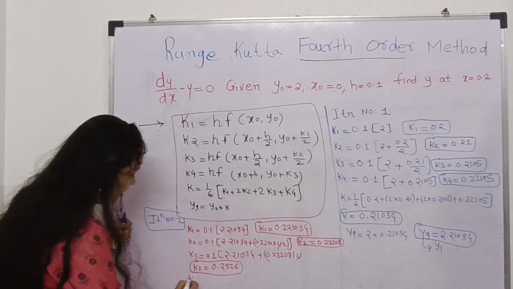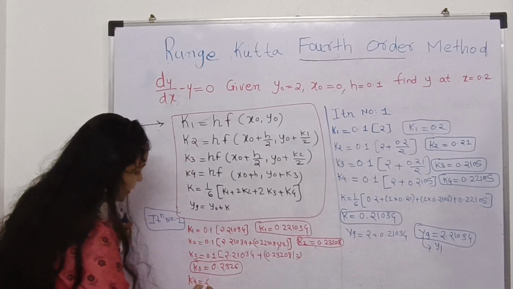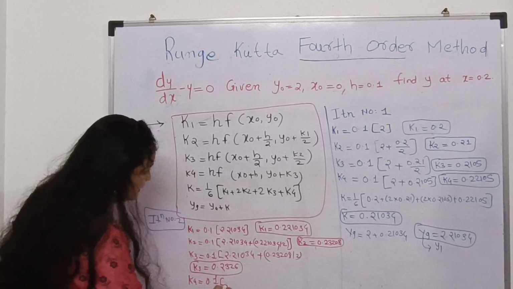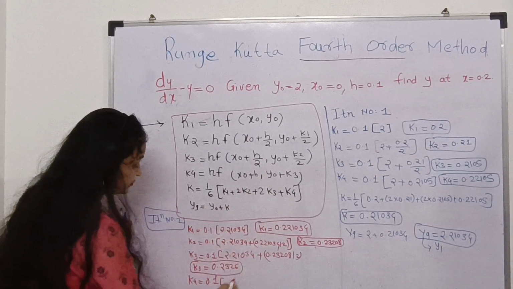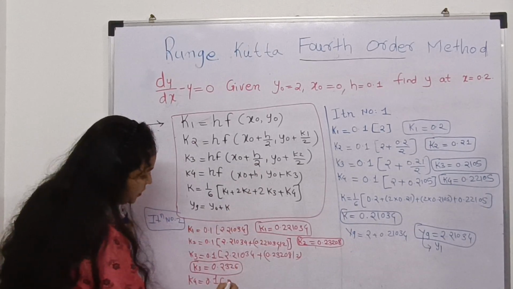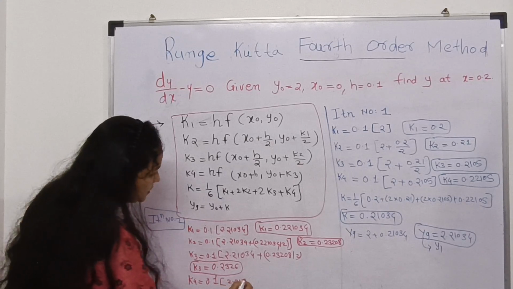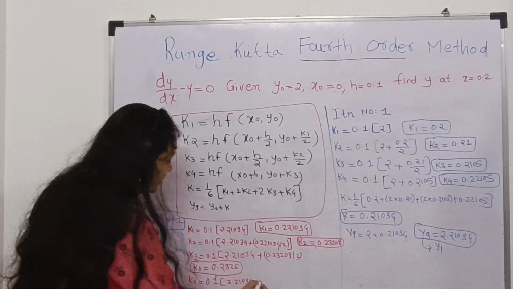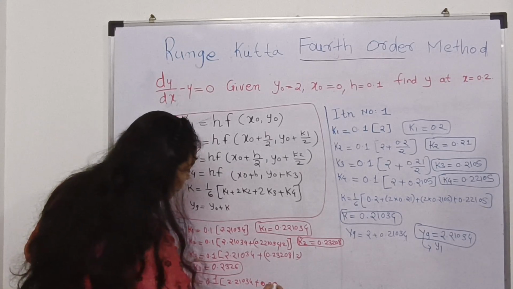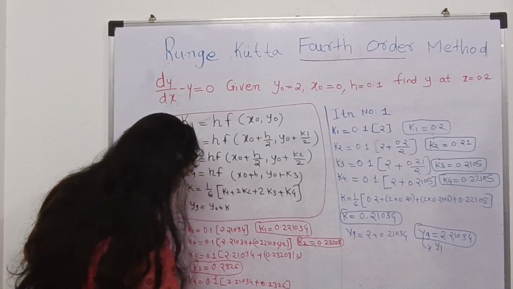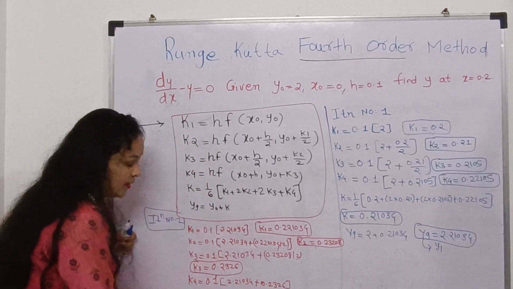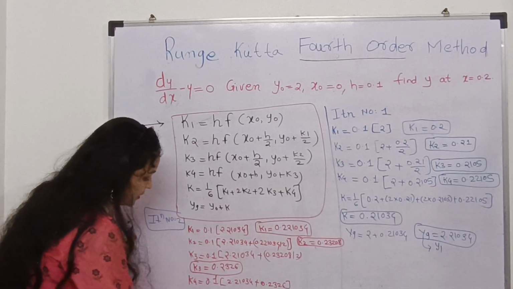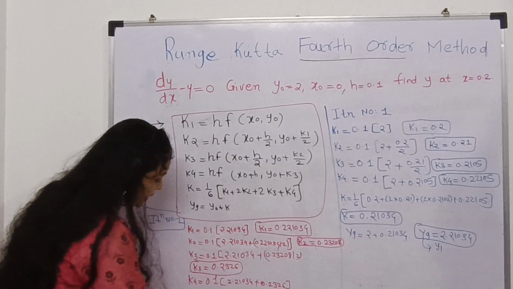Now let us calculate K4. It becomes 0.1 into bracket y0 value 2.21034 plus K3, which is 0.2326. So we get the K4 value 0.2449.